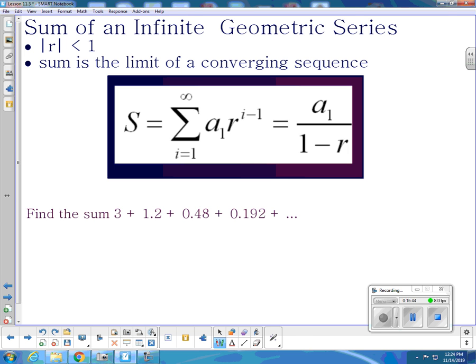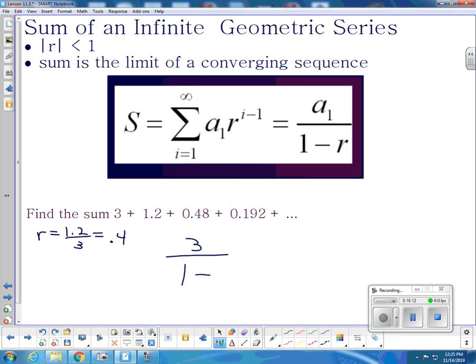Okay? So we need to figure out our first term, which is 3, over 1 minus the ratio. Again, ratio, second term divided by the first term, 3.4. That has to be a decimal. Between -1 and +1, the absolute value has to be less than 1.